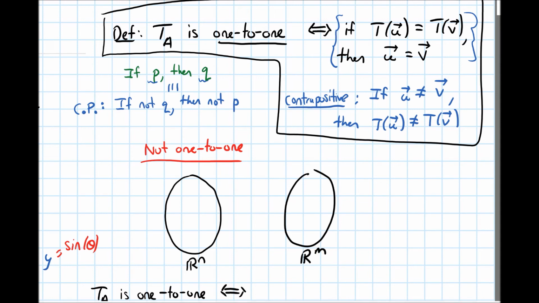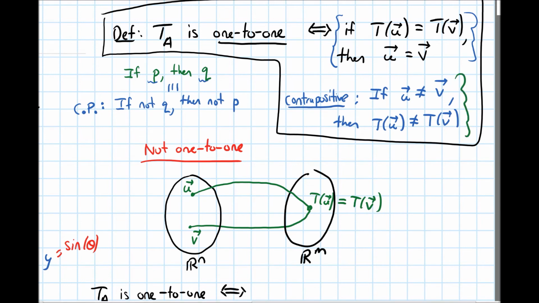So something is not one-to-one if I have two vectors in the domain, let's call them U and V, just like I'm using, that, when I plug them into my linear transformation, I get the same thing out. So if T of U equaled T of V, that would be bad. And that's all about what the contrapositive is saying.